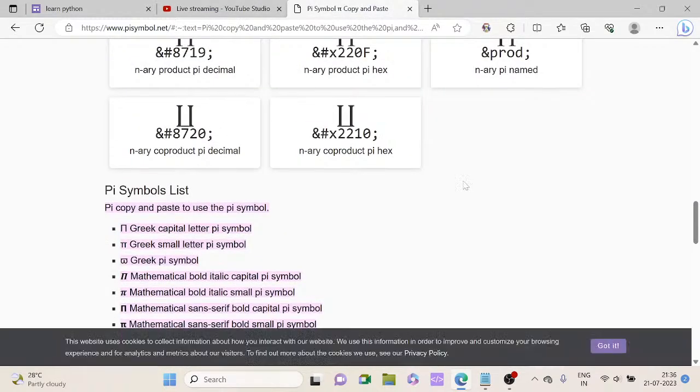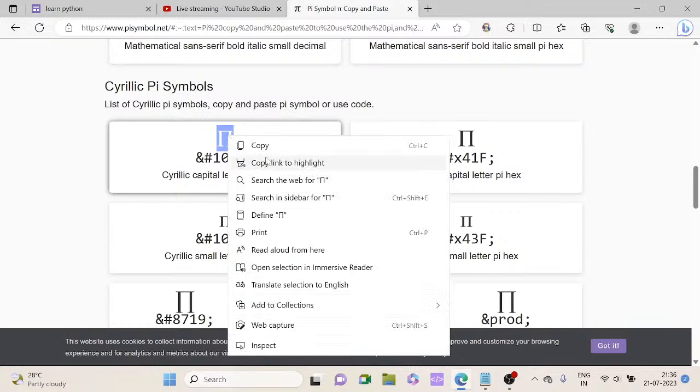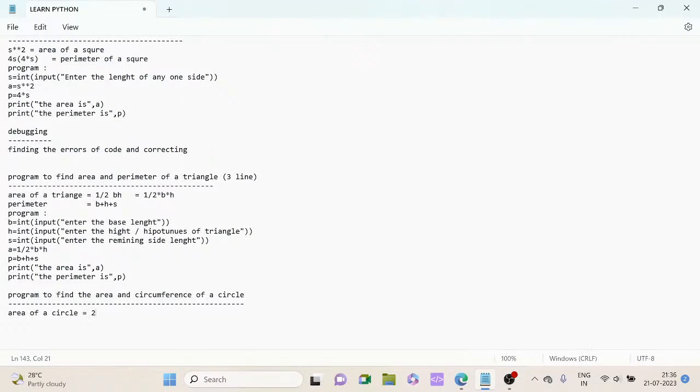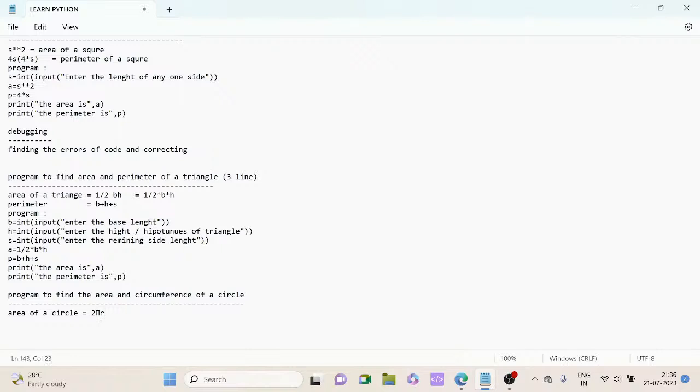So the pi symbol, you can get the pi symbols. The area of a circle is pi r square, pi r square. That means pi is 3.14.